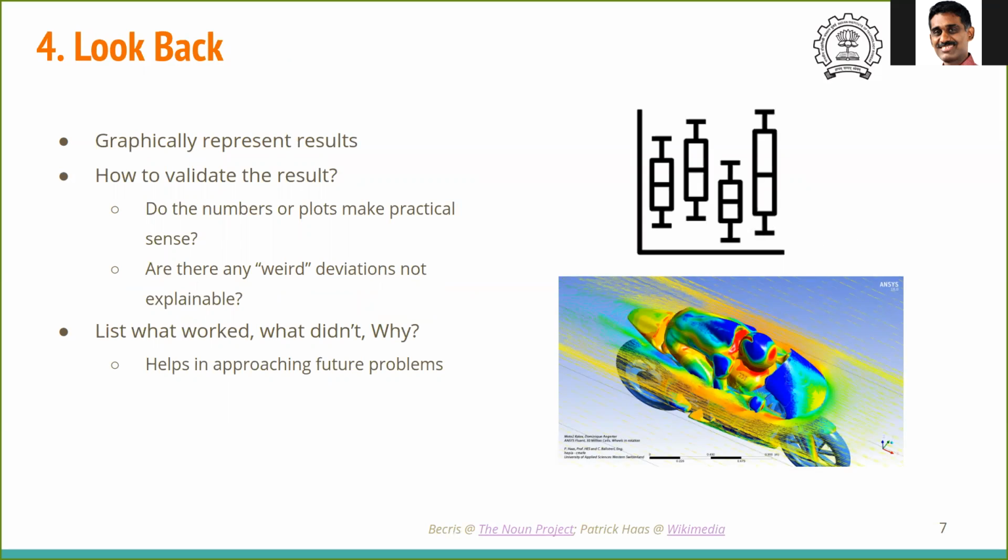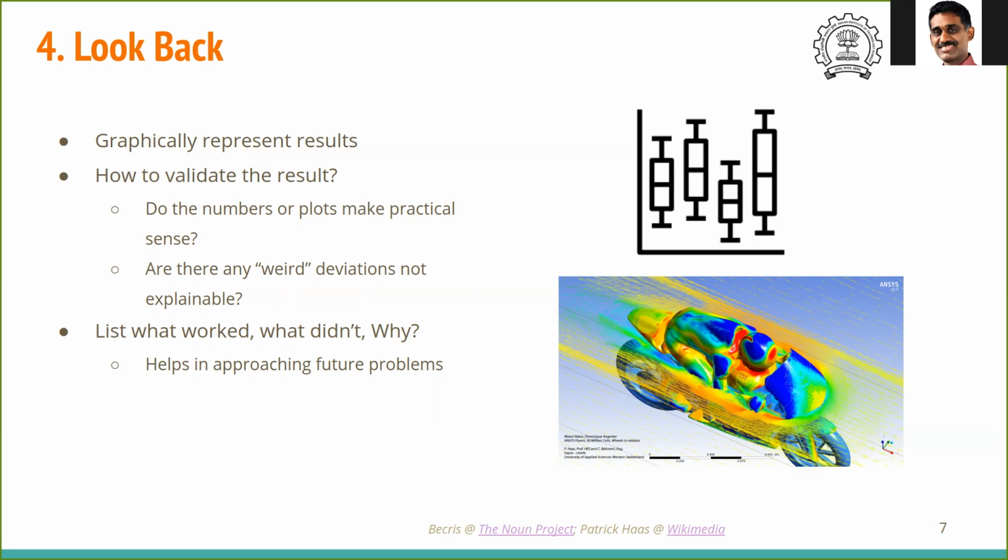Finally is looking back. What do we mean by looking back? This is essentially analyzing the results. You have just solved them, but you don't know whether the results make sense. So the first thing you need to do is present the results in a graphical way, often with errors of estimation and so on. If we don't do many of these things, you don't know whether the conclusions you're drawing from the results are right or wrong. So it's important that you present graphically on different axes and in different, say, three-dimensional pictures.